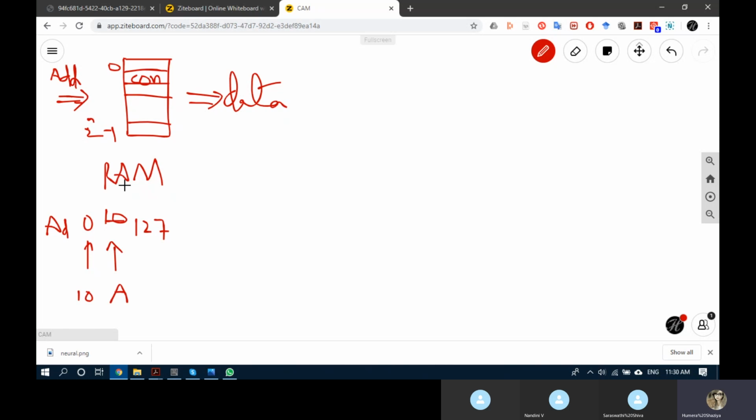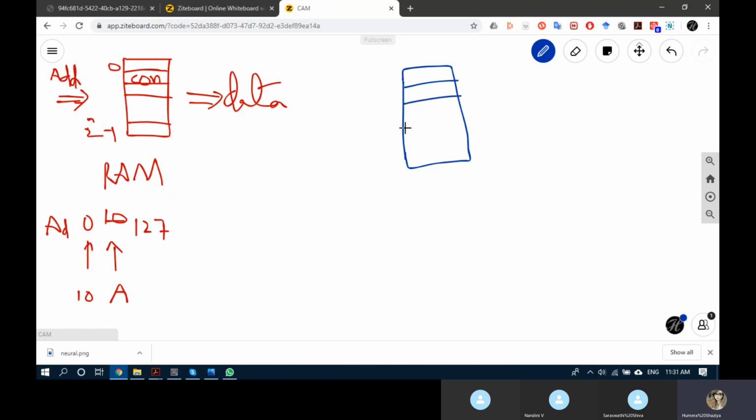That is RAM. Now let us look at associative memory, which is also called content addressable memory, CAM. In CAM, there are no addresses. You don't have any address mechanism in this.